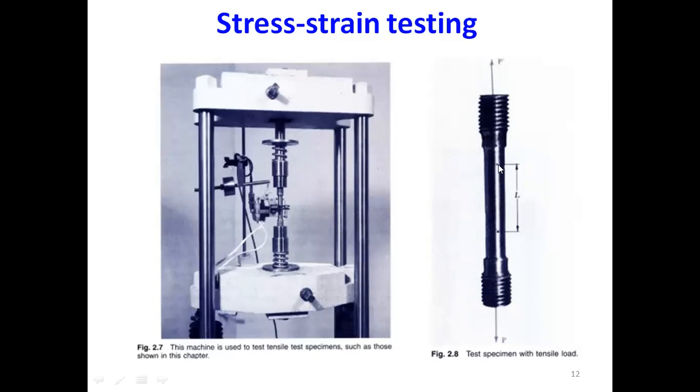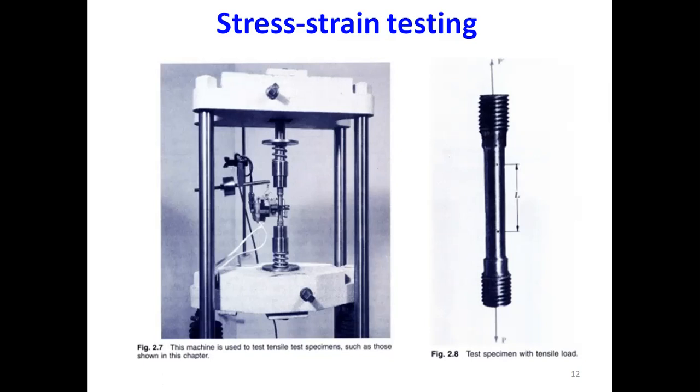Here you can see two dots, and the distance between these two dots is known as the gauge length. We have to enter this gauge length of the specimen in the machine. So in the computer, what do we have to enter? We have to enter the diameter of the specimen and the gauge length of the specimen.